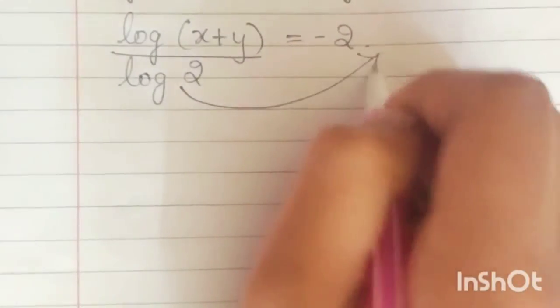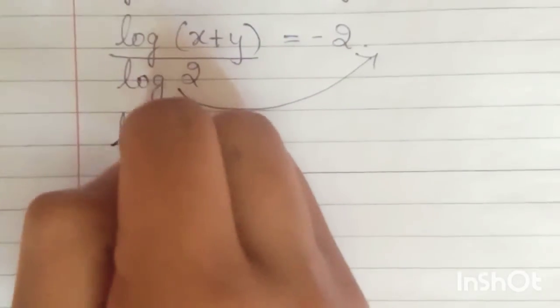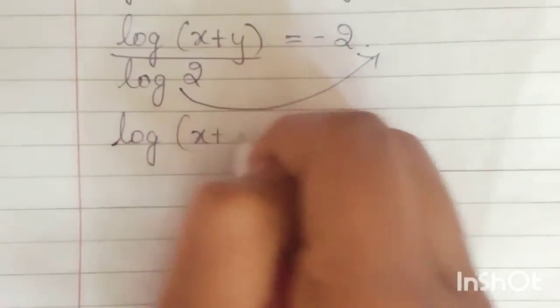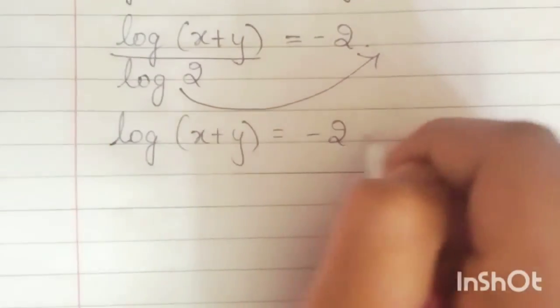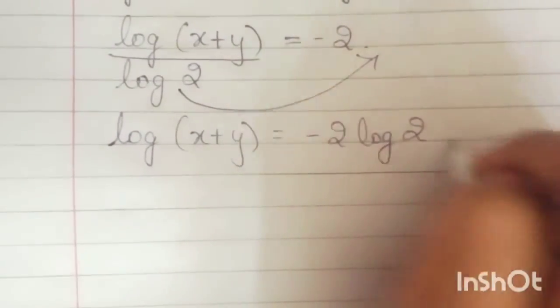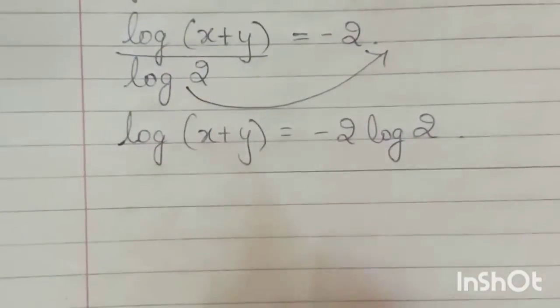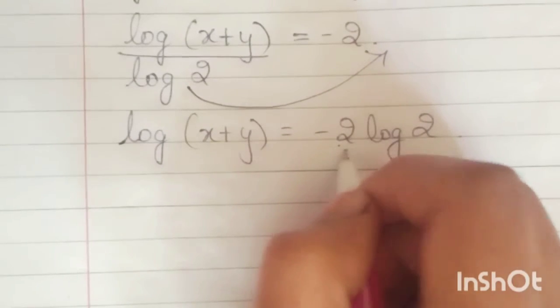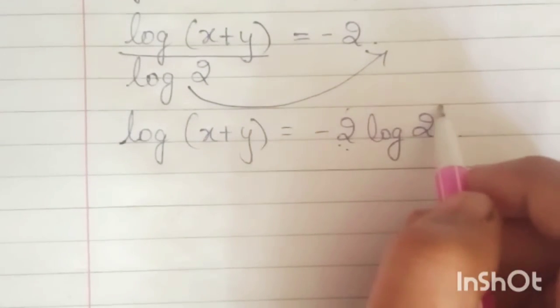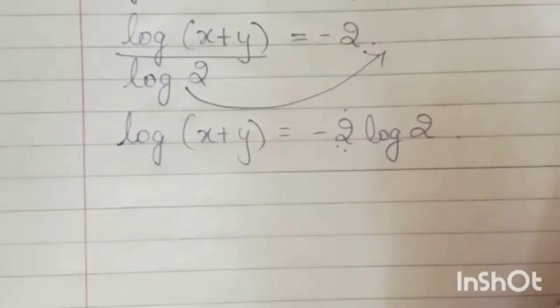Now I will take this side, right? So what do I get? Log x plus y is equal to minus 2 log. Now this is here, I can take to the power, right? Because from the power only it comes to the front, okay.